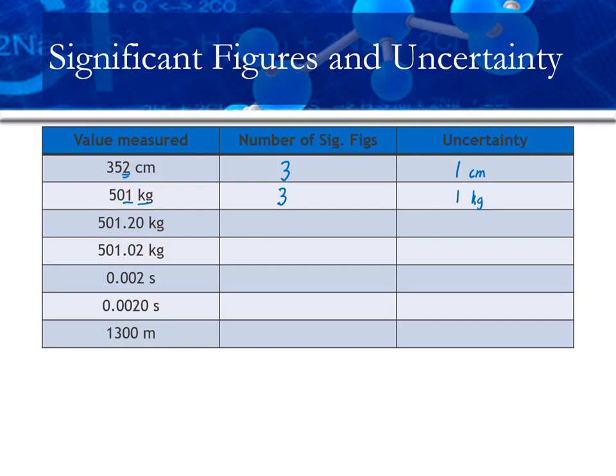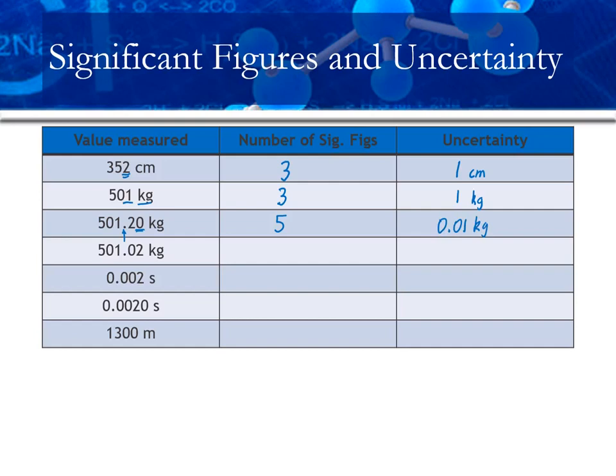Now in this third example, we actually have a trailing 0 after a decimal point. The only reason to write down this 0 is to convey to somebody reading the number that I actually know this number to within plus or minus 1 in that smallest digit. Therefore, all 5 digits in this value are significant, and our uncertainty is 0.01 kilograms.